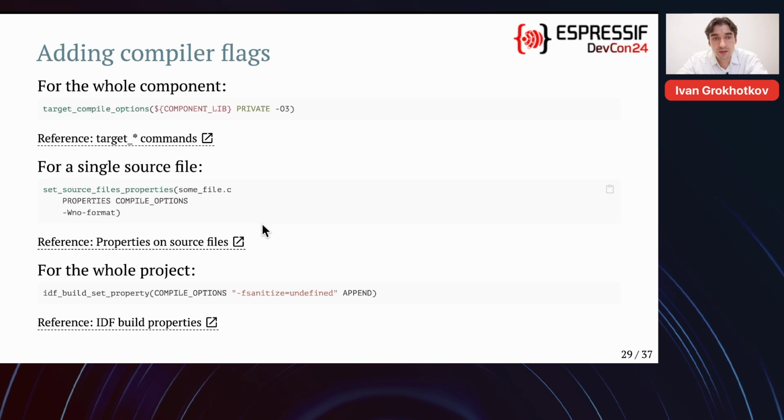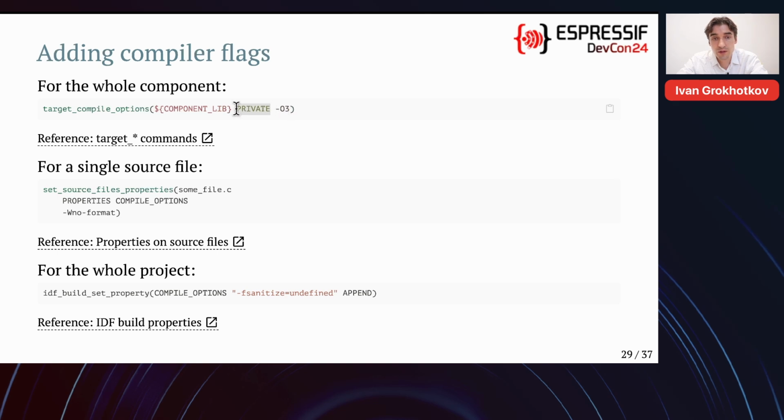Another common task is to add compiler flags or compile definitions. If we want to add compile flags, we have to decide for what set of source files we want to add that flag. If we want to add compiler flag for the whole component, we can use target compile options CMake command, and in this case we again specify component lib as the target and the flag that we want to add.